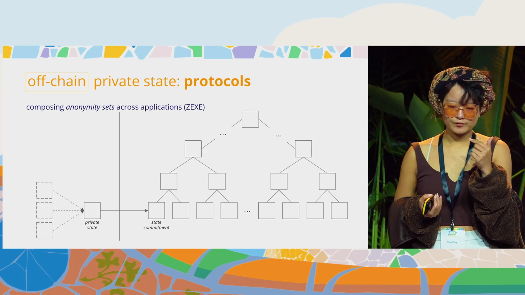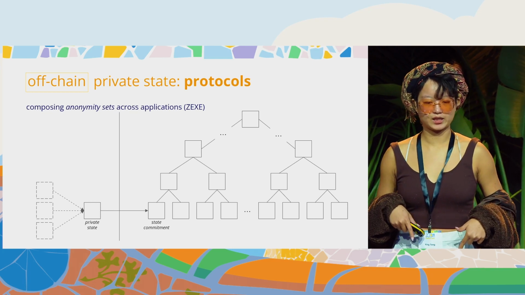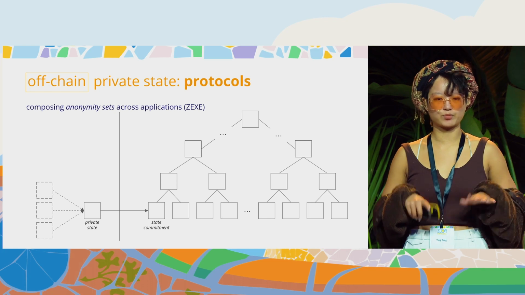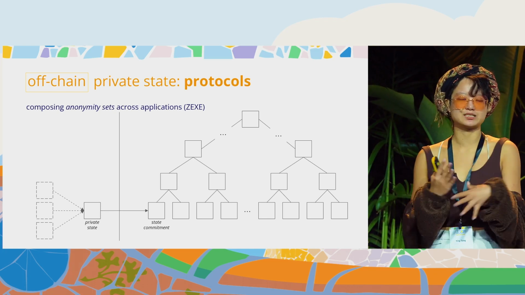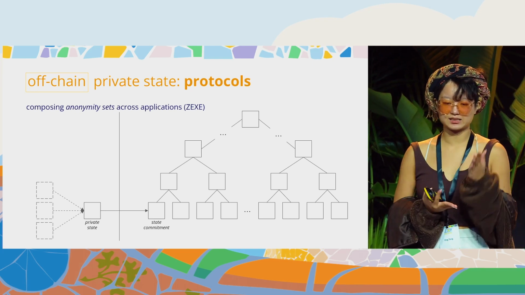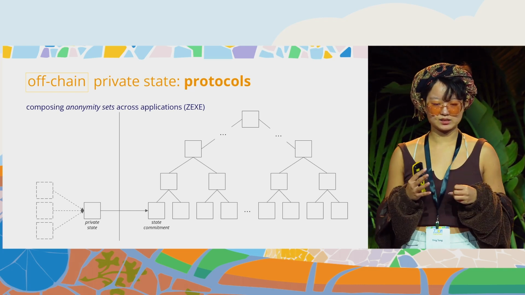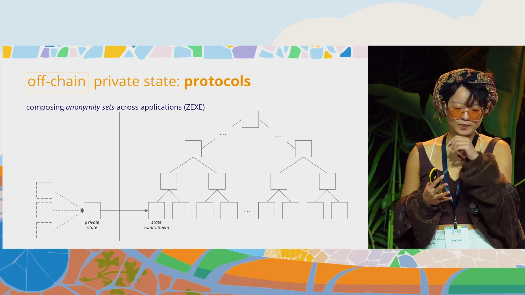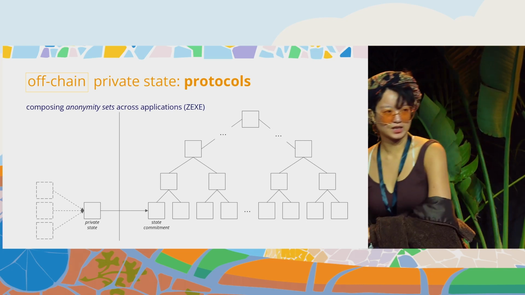So for protocols to support these applications and to enhance their privacy, they need to basically compose anonymity sets across these applications. So for example, in the ZEXE protocol, each application produces some state commitment that is indistinguishable from those of other applications.